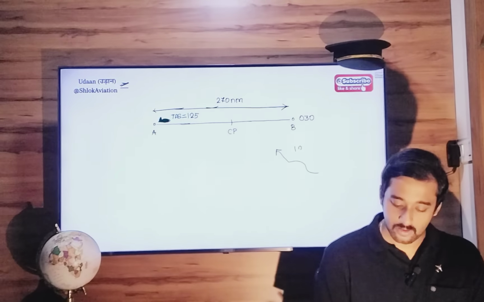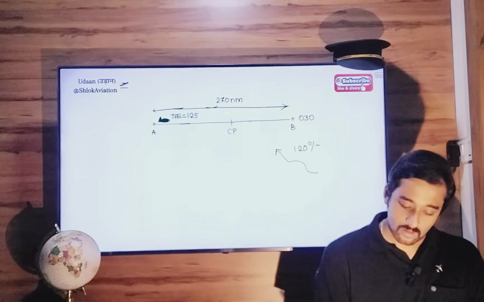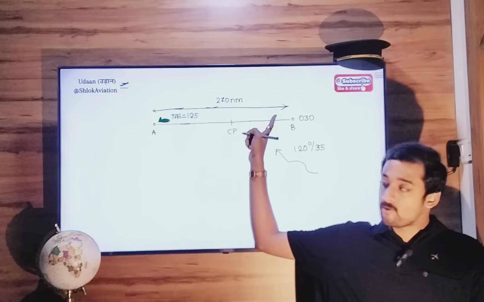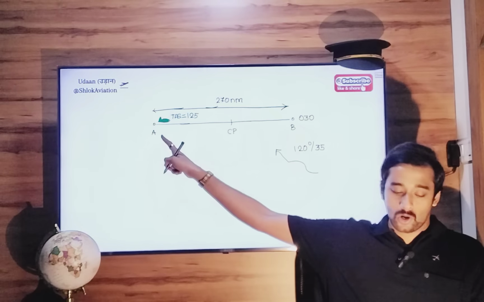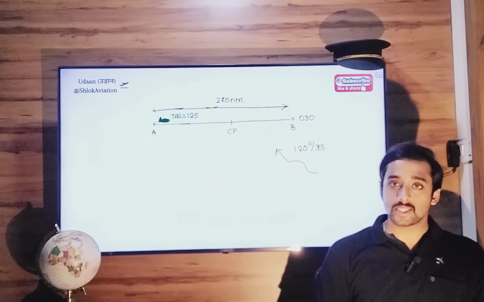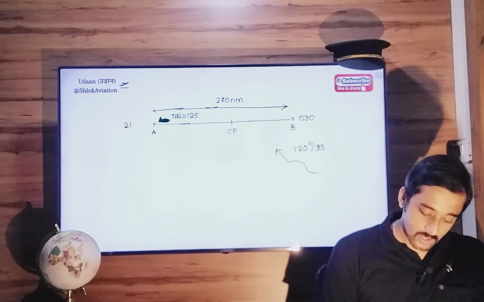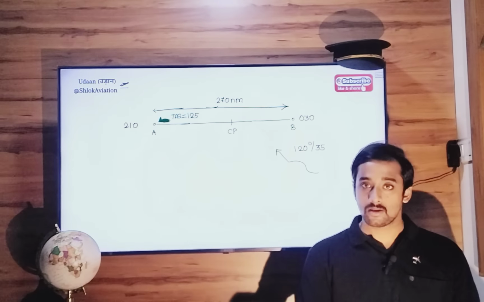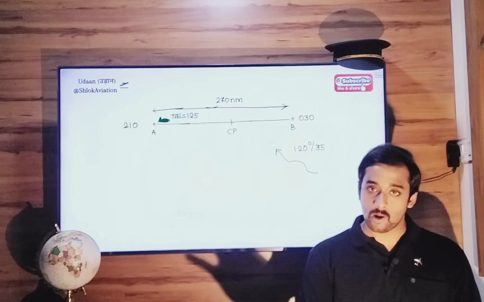Somewhere from here. Outbound track is 030. If you want to come back to your departure, we will be flying a reciprocal track of 210. So now you have all the points that are required to find out ground speed.